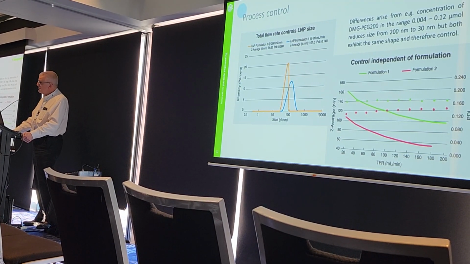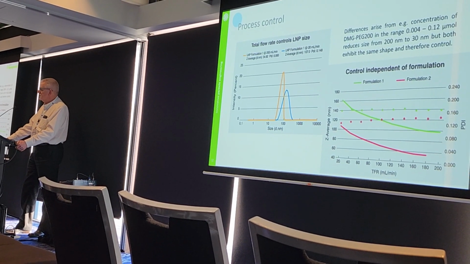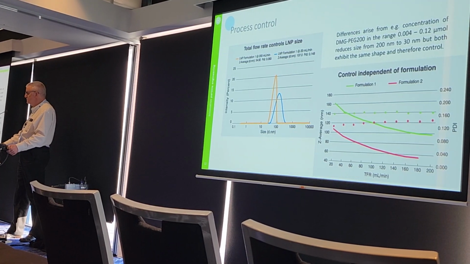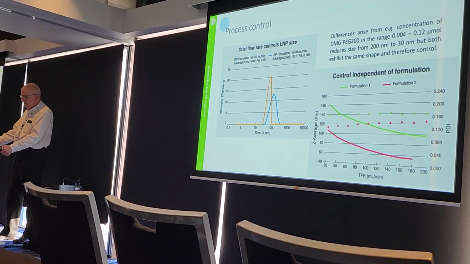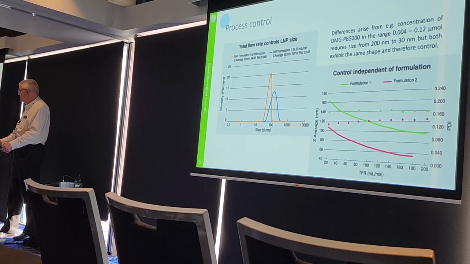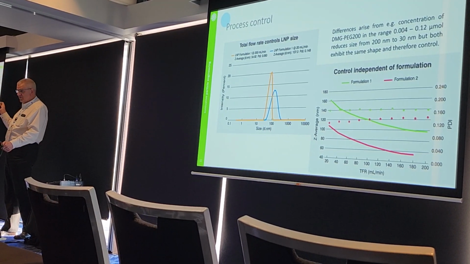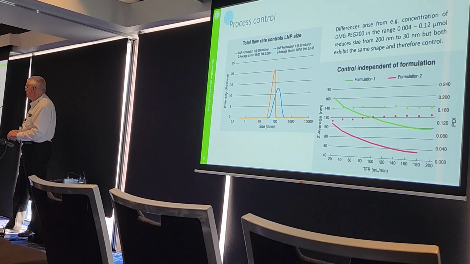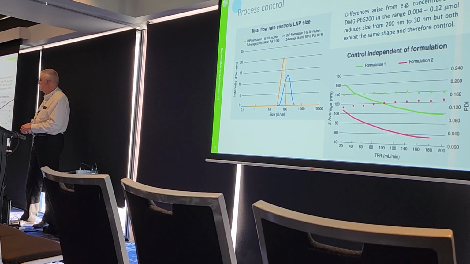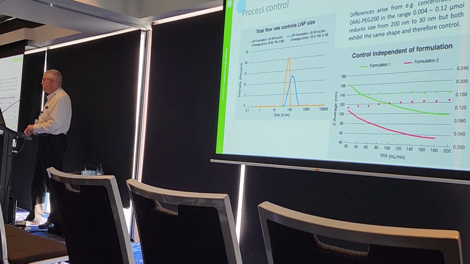And on the left-hand side is an example of what happens if you do it and see what the effect is on the size and size distribution. So the blue line is run at 20 mils a minute through this device that I've shown you. And if you run that, then that's giving you a particle size, Z average, of around about 110 with a PDI of about 0.15.